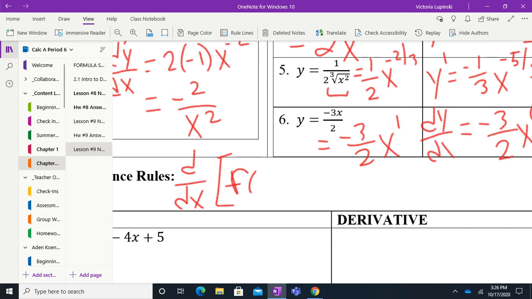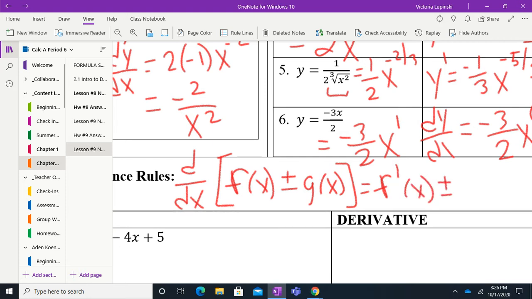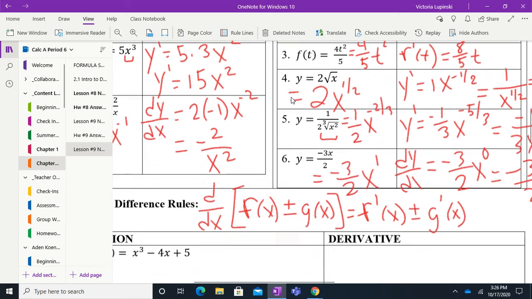If you're taking the derivative of some function f of x added to or subtracted with some second function g of x, the rules for derivatives say you're allowed to take the derivative of the first thing, then add it or subtract it with the derivative of the second thing. And you could do this for as many things that are being added or subtracted in your polynomial. So again, all it really means is that you're going to take the derivatives one at a time.